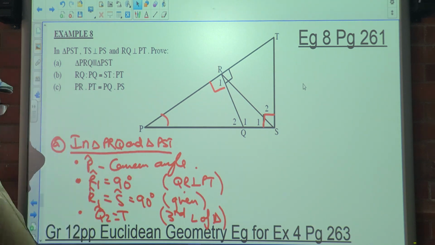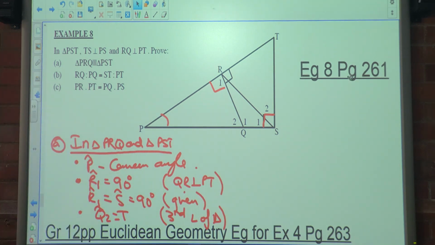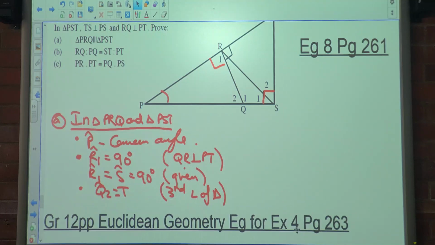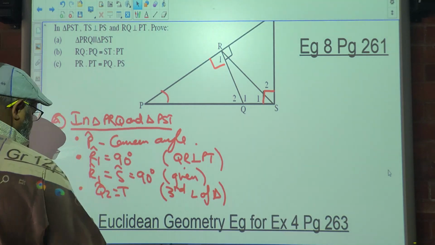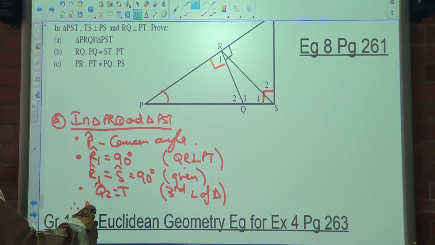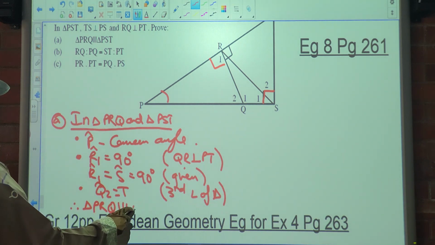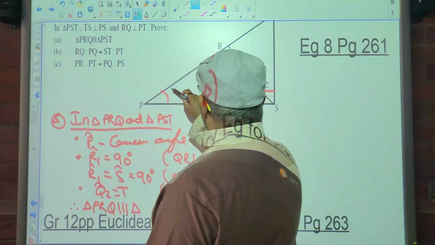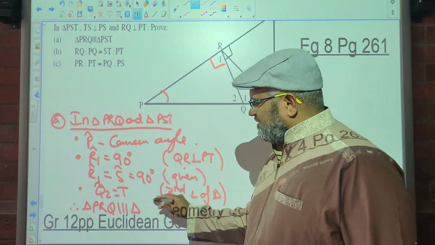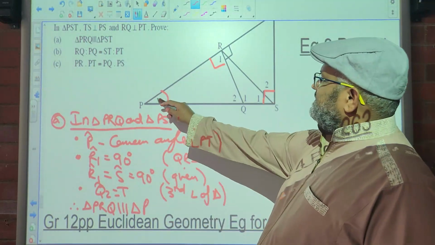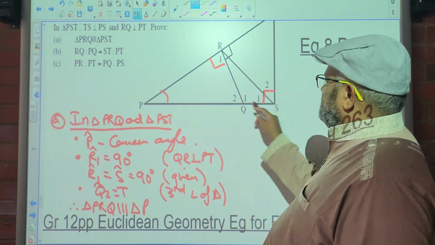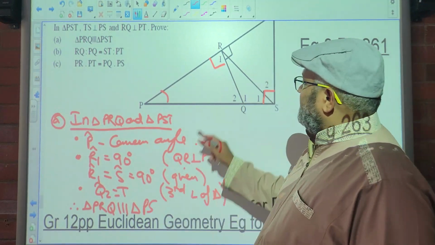So we can conclude, therefore, triangle PRQ is similar to triangle, and we check. You see PRQ, P was the common angle, so it must be P. Then I went to R, which is the 90, so it's S. What's on top?